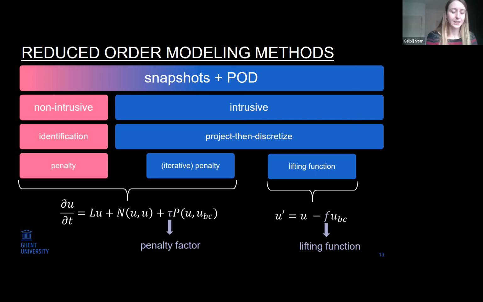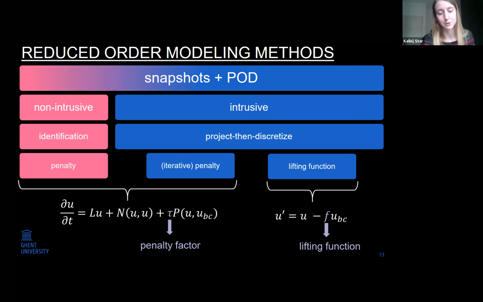well, what you can say is that POD modes are basically a linear combination of snapshots. So you can say that if my boundary conditions are contained in the snapshots, the modes will have a linear combination of the boundary conditions of the snapshots. The problem is if it's homogeneous, and that's why you start using lifting functions. The homogeneous is 0, so any linear combination will lead again to 0.